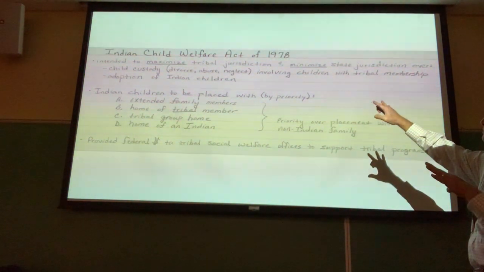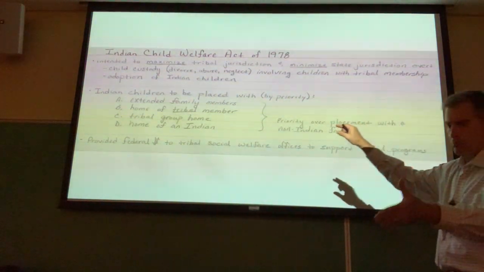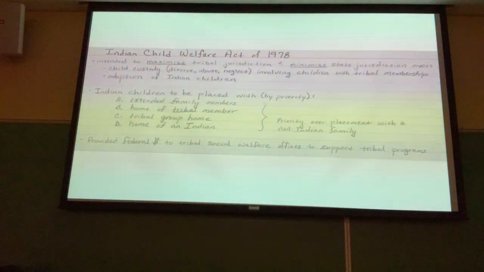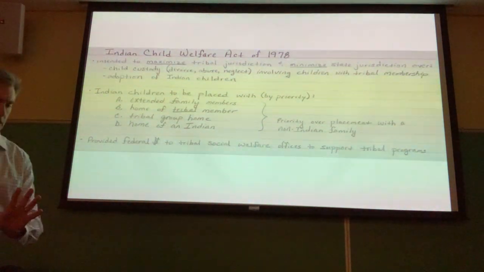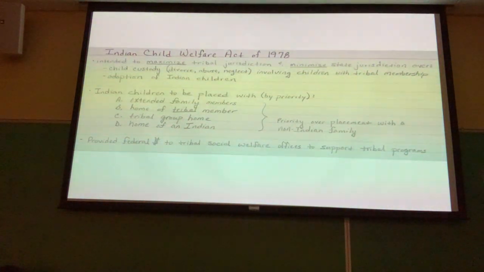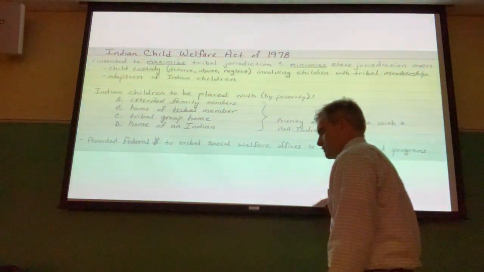So any time Indian children were involved in some kind of domestic custody battle of whatever type, this law required certain things to happen, and it gave greater power to the tribes, with the whole idea that Native American children would not be placed in non-Native American families. Okay?